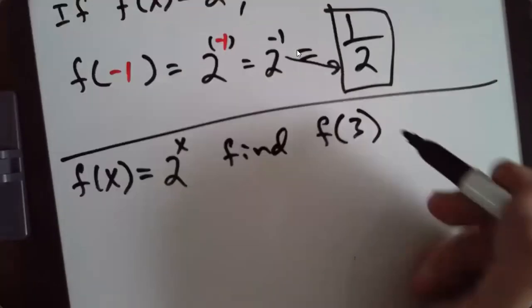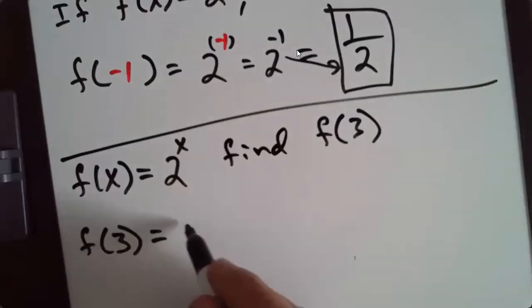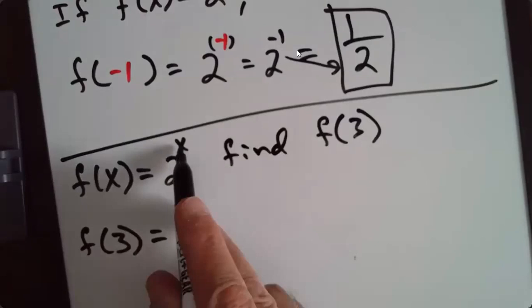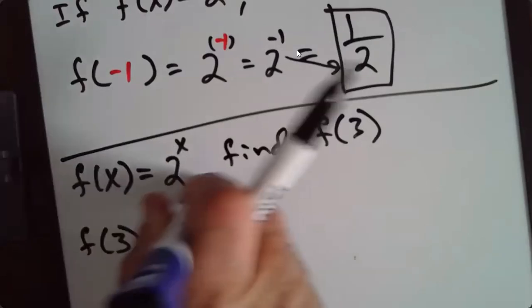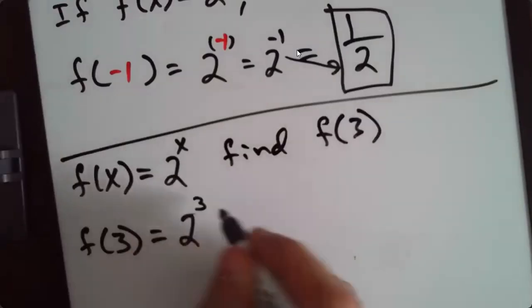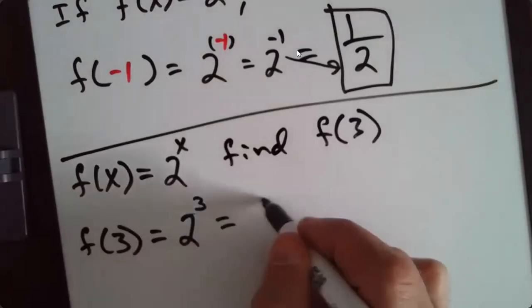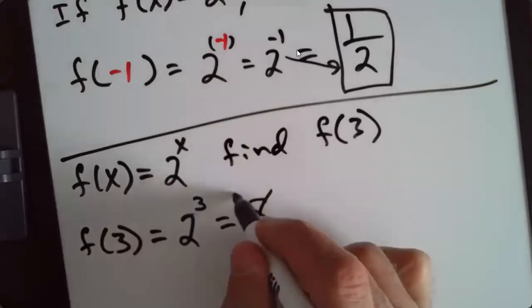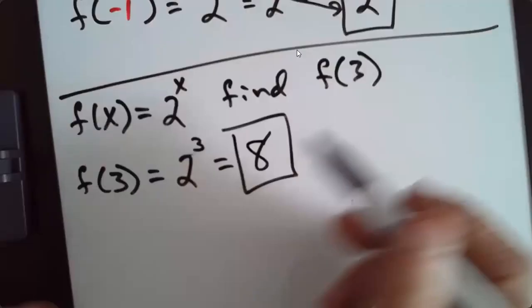All right, so f of 3 will be 2 to the third, where that x is, we put 3 in there. Well, 2 to the third, that's 2 times 2 is 4 times 2 is 8, right? So our answer is just 8. And that's all we have to do there.